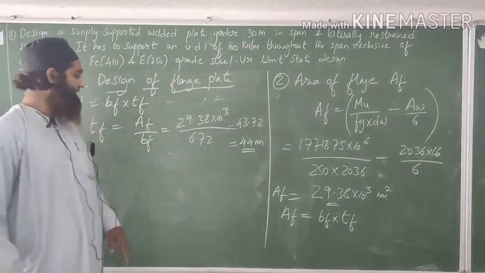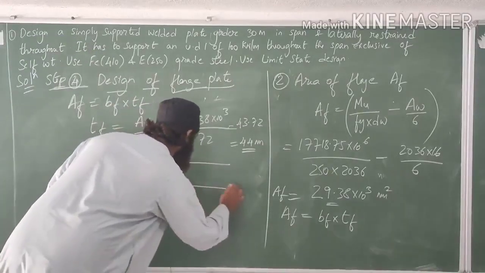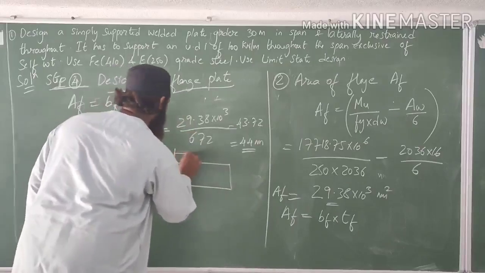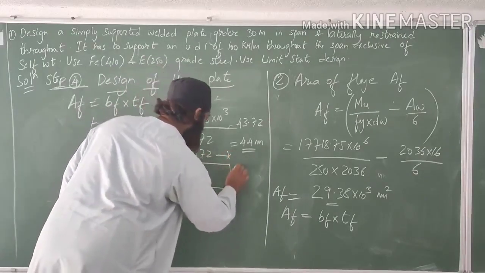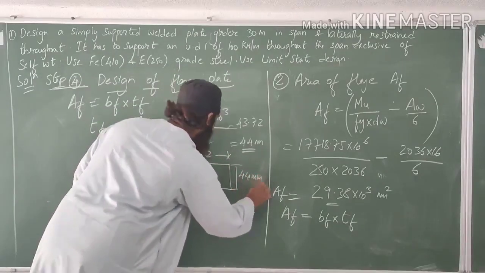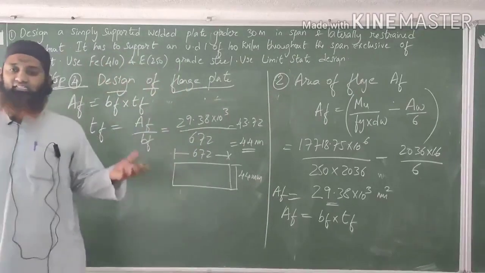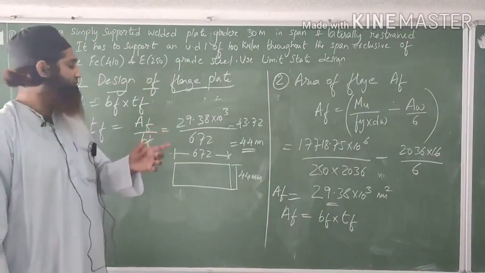Now we have got the size of the flange: 672 by 44 mm. We have the size of the web: 2036 was the depth, and the thickness of the web was 16 mm.